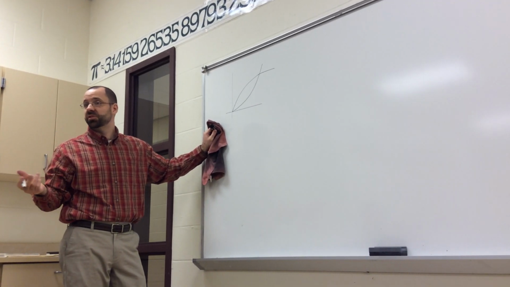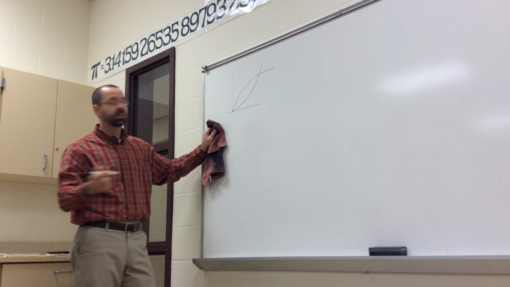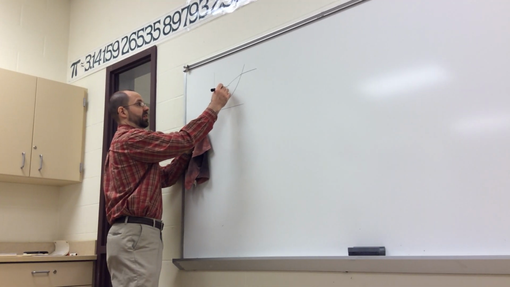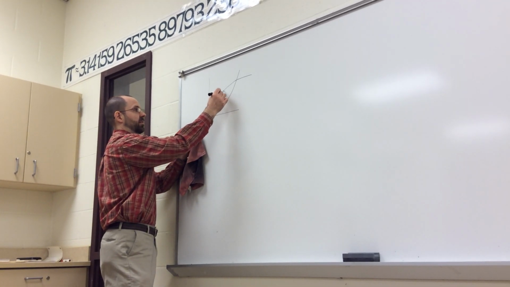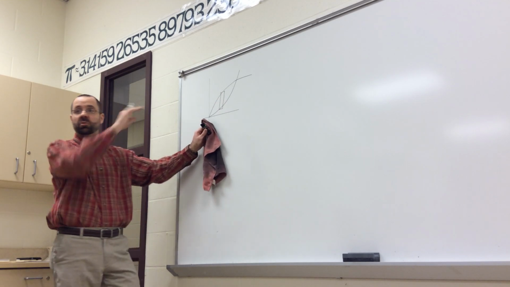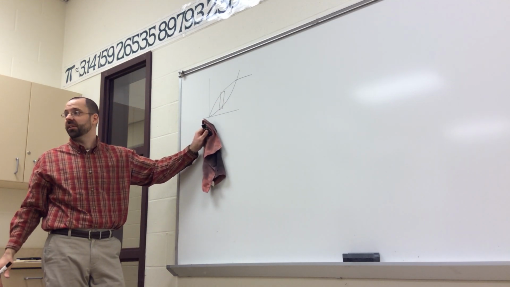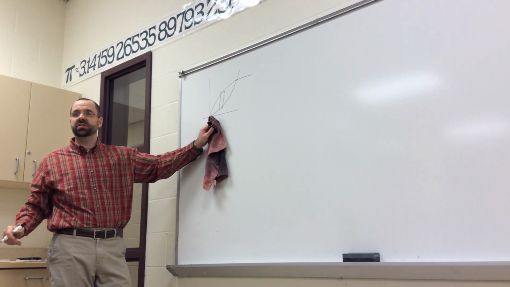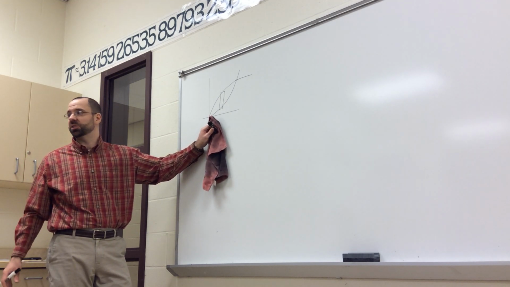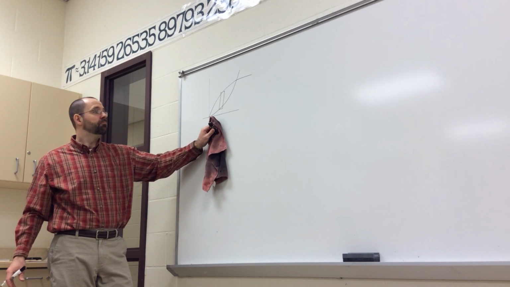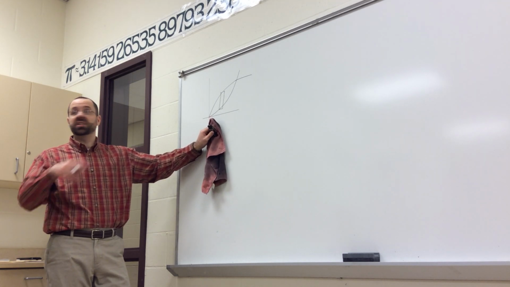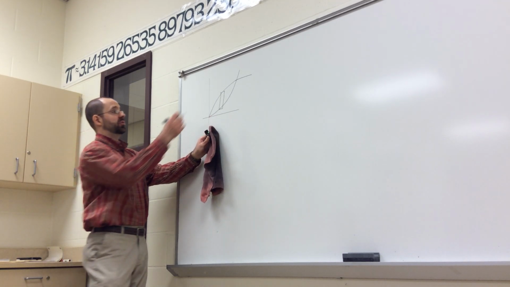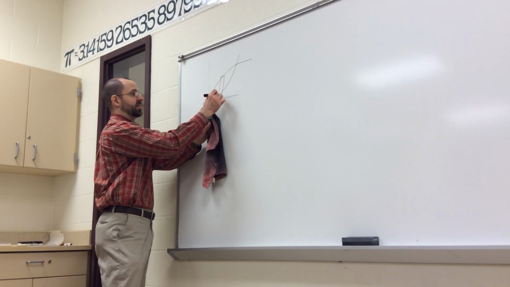So the directions in the book say draw the representative rectangle. So here is a representative rectangle. There's rectangles going to be drawn all the way across that. We're going to find the area of a bunch of them, but it helps us to draw one of them so we can kind of picture what's going on. Okay, so to get the height of that rectangle, you'll take this y value minus that y value.